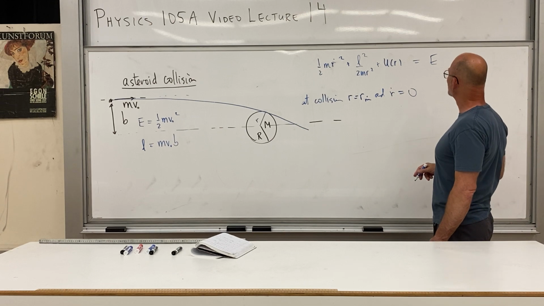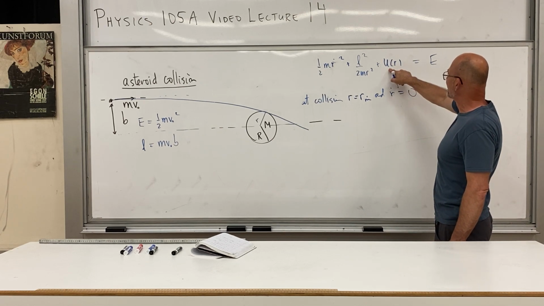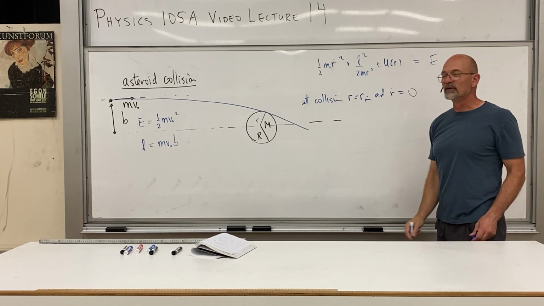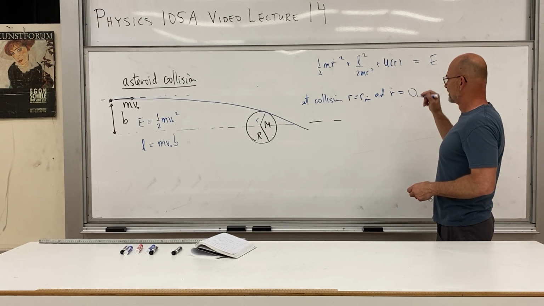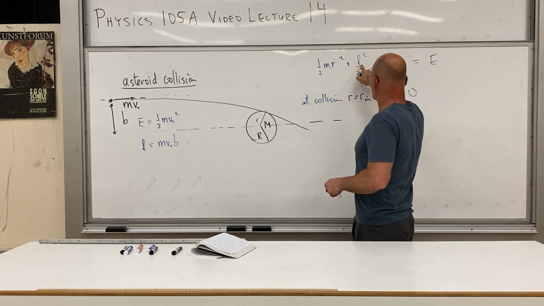I'm not quite sure which way to do that. Well, we'll just call it alpha over R for the moment. We could plug in Newton's law after that. Good, so the r dot is 0, what about the L?